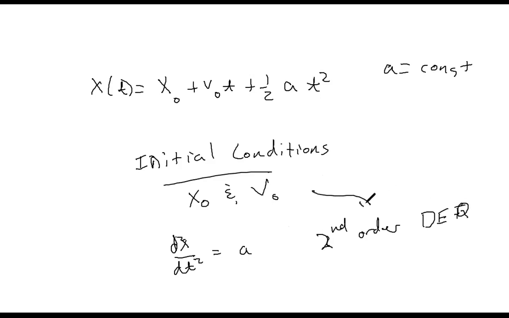So then you need two initial conditions. In physics 1, we've been calling this kinematic equation number 2. But from a math point of view, it's just another example of a differential equation. Okay, so that's kind of a lightning summary of what differential equations are and how you would solve them.